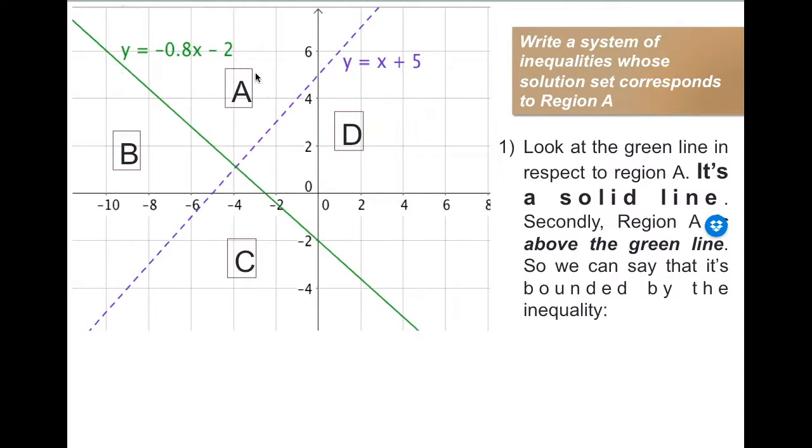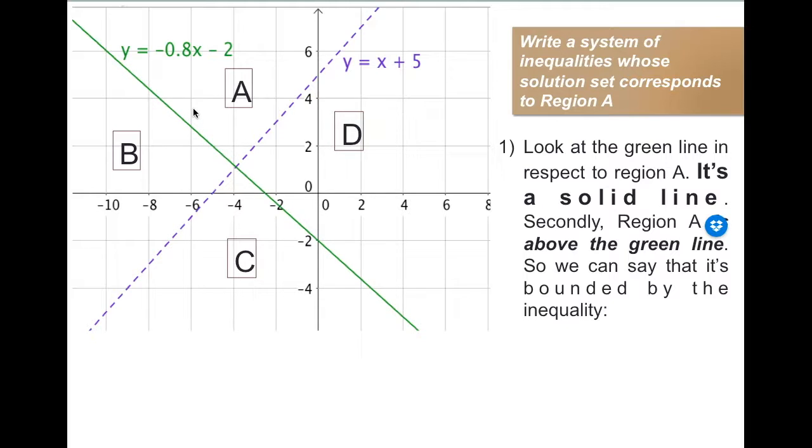Step 1. Region A we know is bounded by the green and the purple line, or blue line. In this case, what can we say about the green line? It's a solid line. That could help us with the inequality. And secondly, A is on top of this green line.